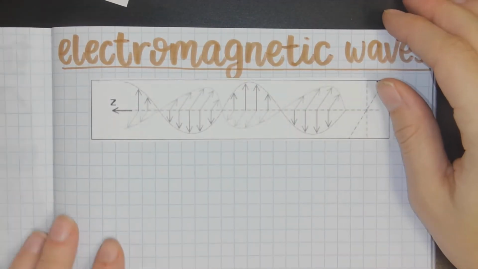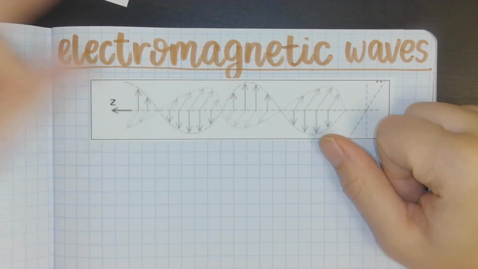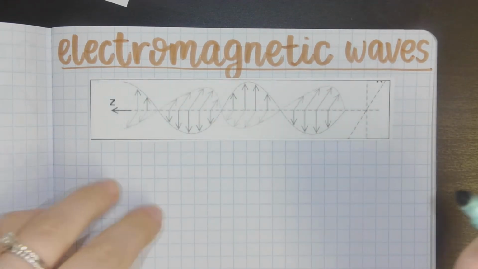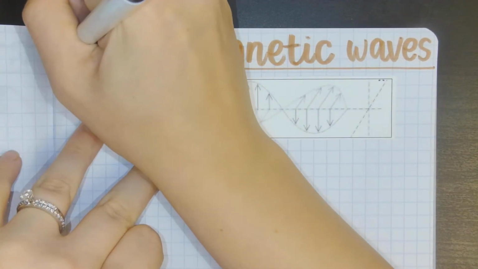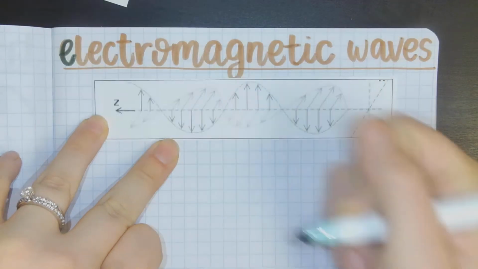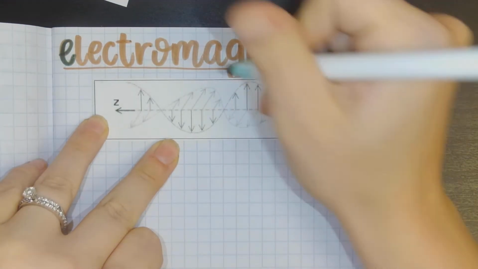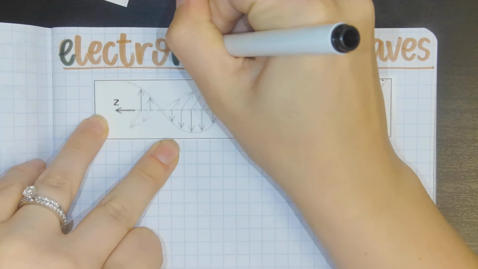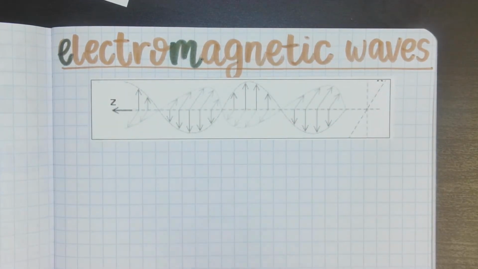Specifically, the way electromagnetic waves work is one way we have an electric field, and the other way is a magnetic field.